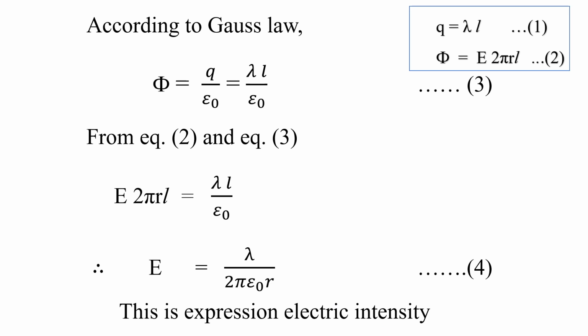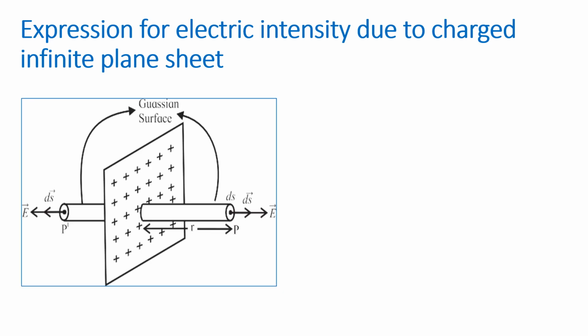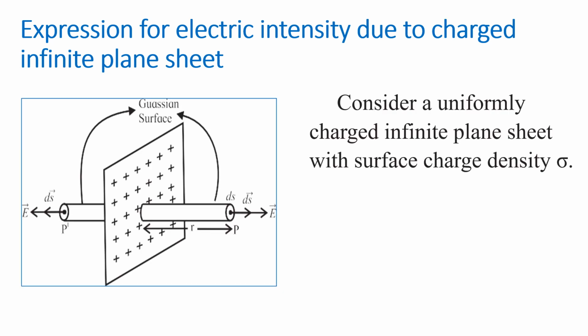The next application is the expression for electric intensity due to a charged infinite plane sheet. The plane sheet is given here. Consider a uniformly charged infinite plane sheet with surface charge density sigma.